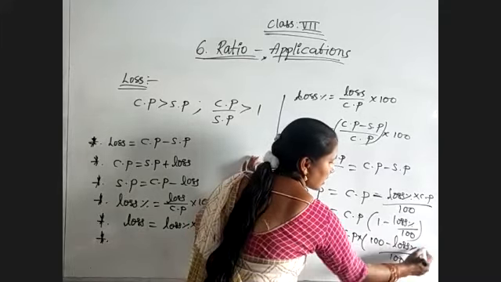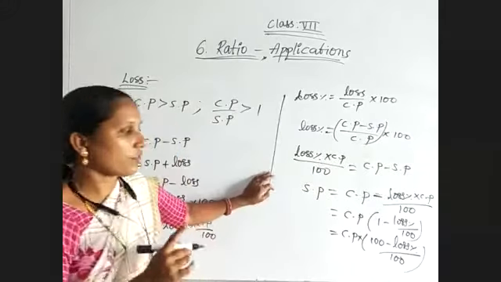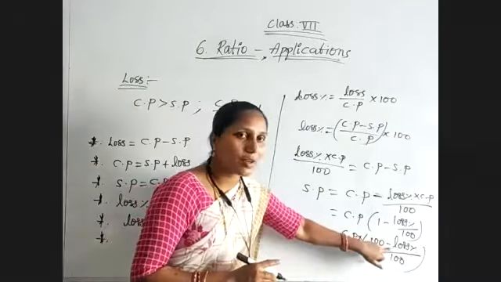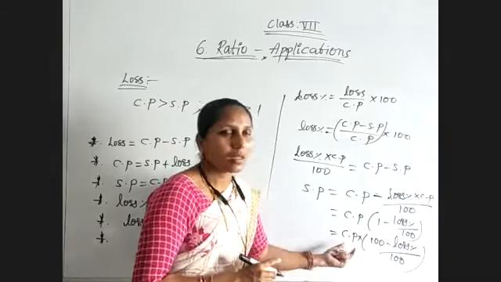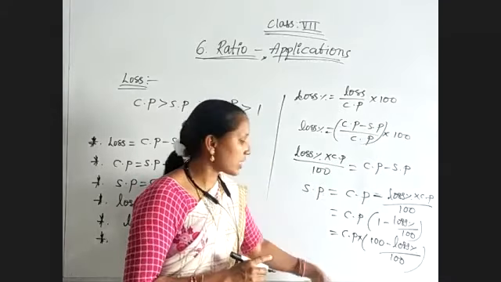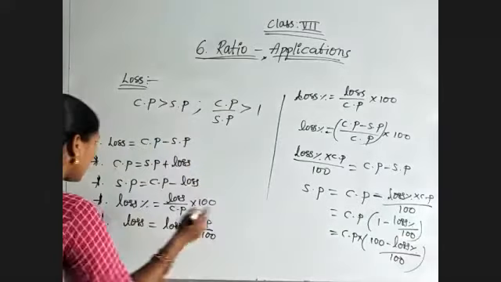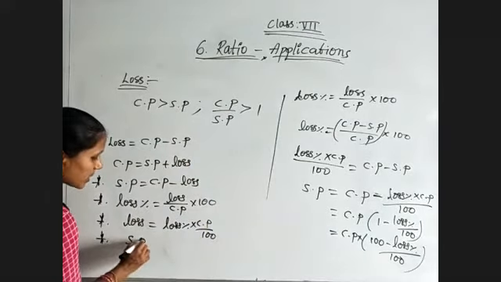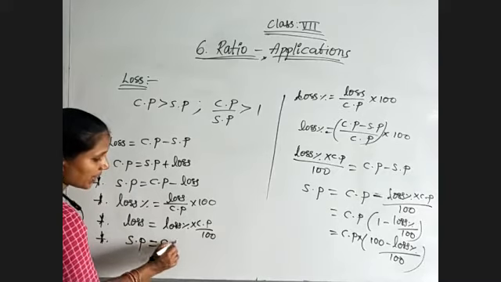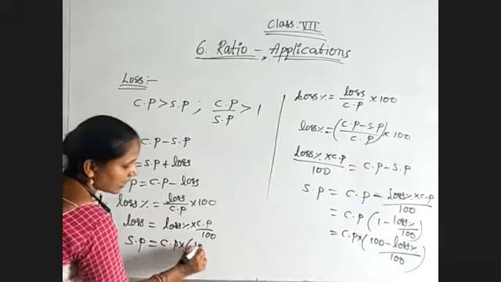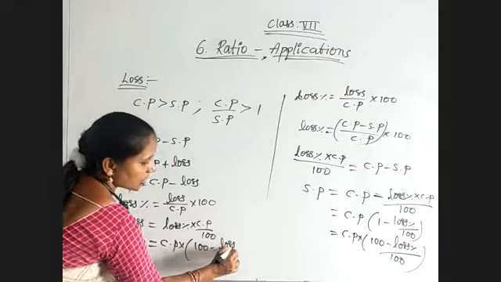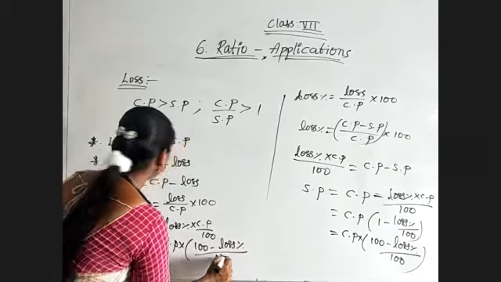So just remember, in case of profit, what we got? 100 plus profit percent by 100 into CP. In case of loss, SP is equal to CP into 100 minus loss percent by 100. That's all. So that last formula you need to remember. SP is equal to CP into 100 minus loss percentage divided by 100.